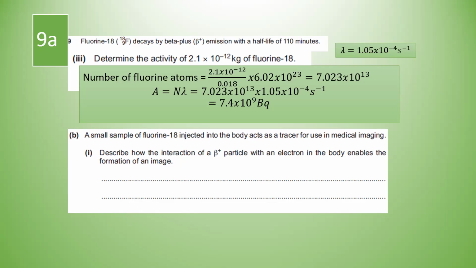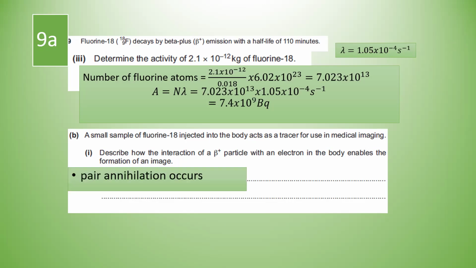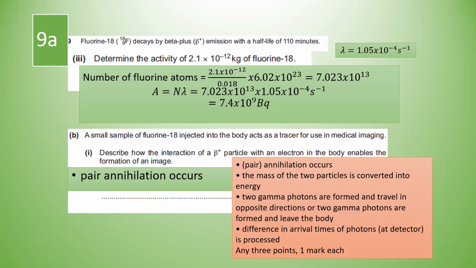What is your answer? Beta plus particle and electron annihilate and the mass is converted into energy. Okay. So they accept pair annihilation occurs, or any of these answers, from the marking scheme.